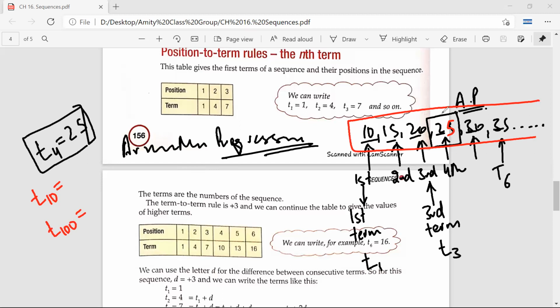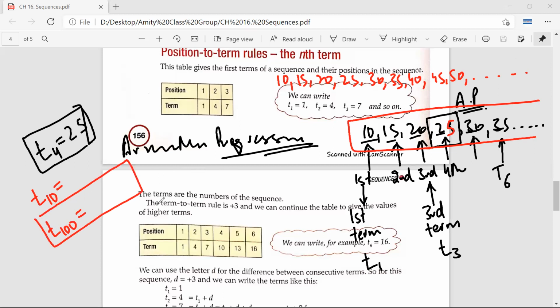One way is that I start writing 100 terms, 10, 15, 20, 25, 30, 35, 40, 45, 50, and it will be very inefficient to write 99 terms and then find the 100th term.